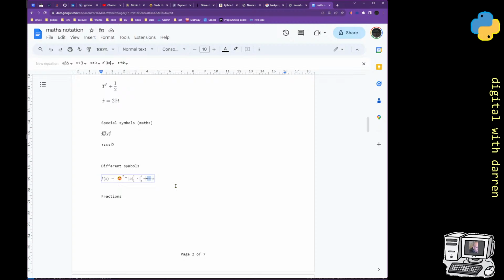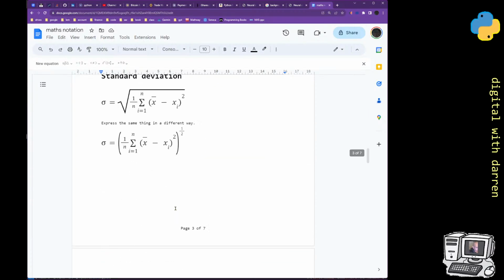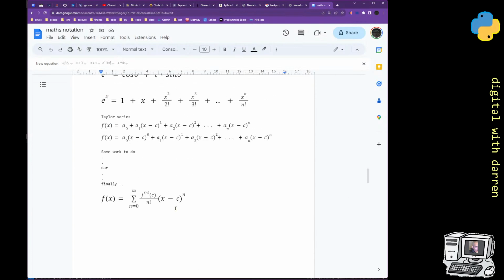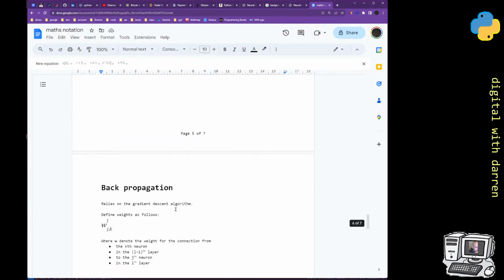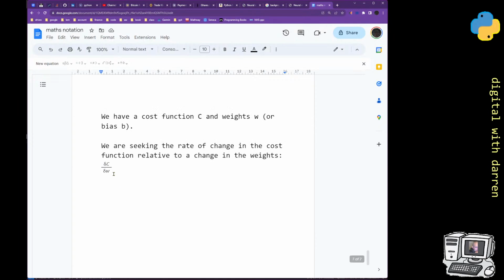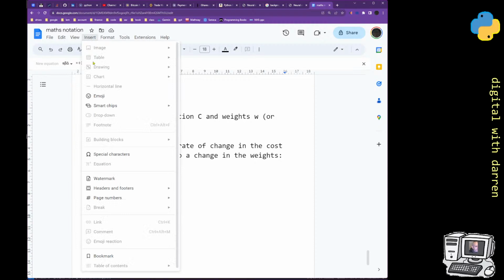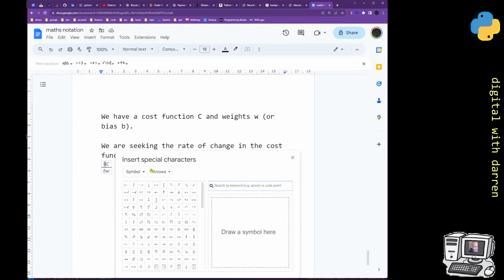I can just insert symbols, I think. I wonder if I've got a partial D in there. Insert special characters, and then I wonder if it's a D like that.